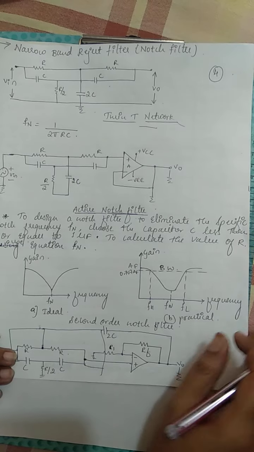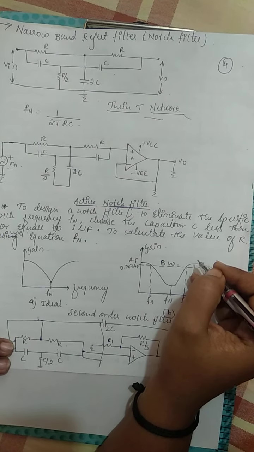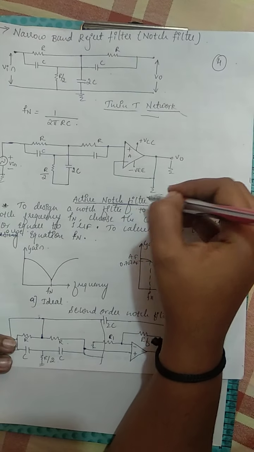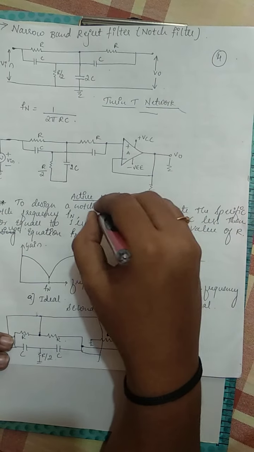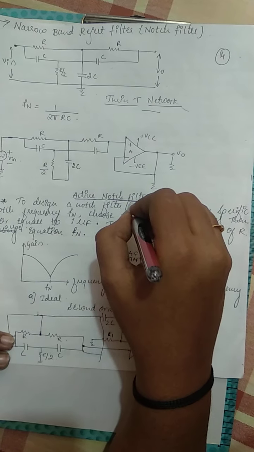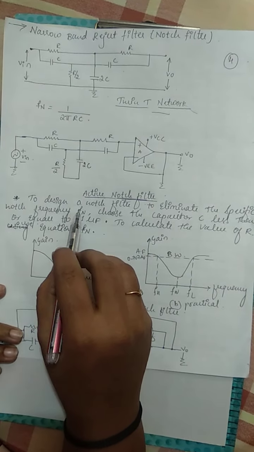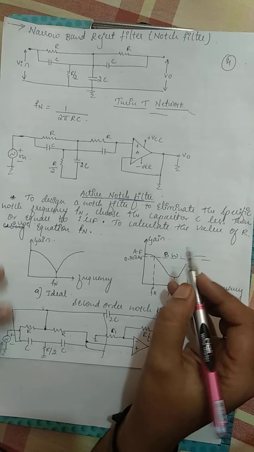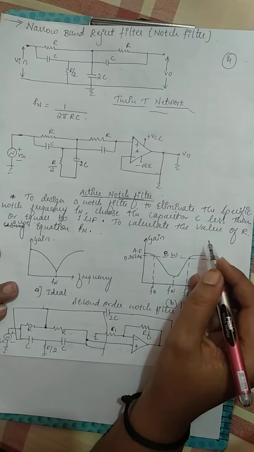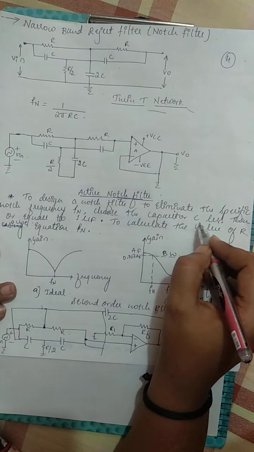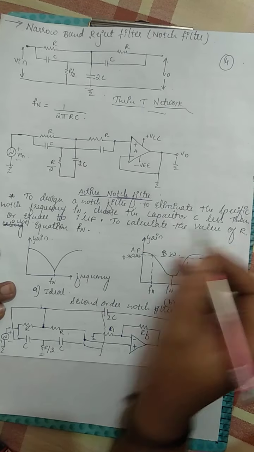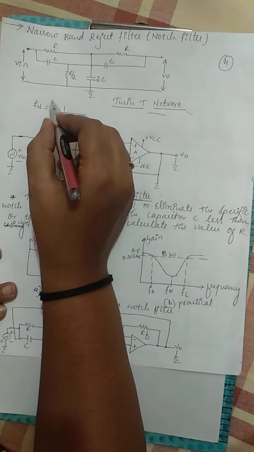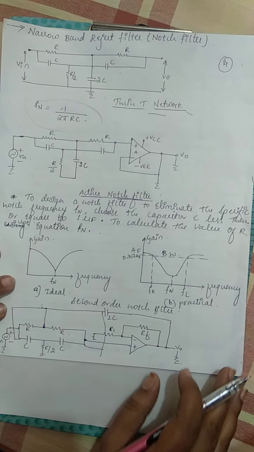In the first order and second order filters, we followed some design steps. The same steps are followed for the active notch filter. First we need to choose the Fn value, second we choose the capacitor, which should be less than or equal to 1 microfarad, and to calculate R we use the Fn formula.